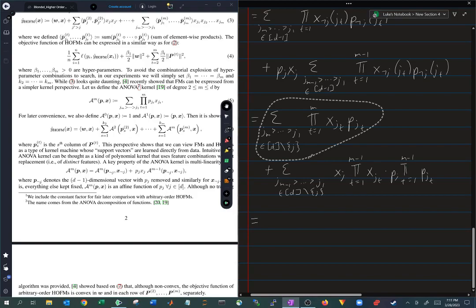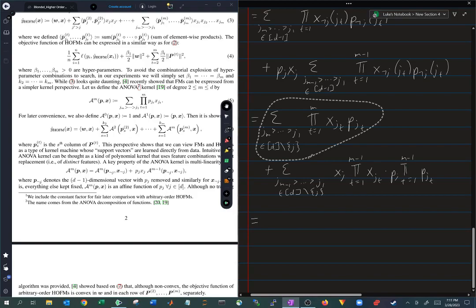It's this sum, t equals 1 to m of xjt pjt, so it's this plus this other thing.